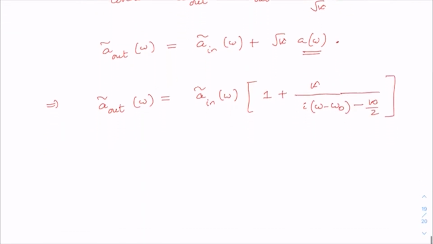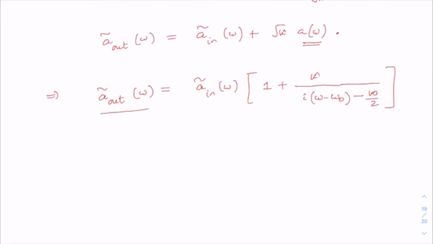Let me evaluate this A tilde out at the laser frequency omega L, and A tilde out at omega L would be equal to A tilde in evaluated at omega L times 1 plus kappa divided by i omega L minus omega 0.